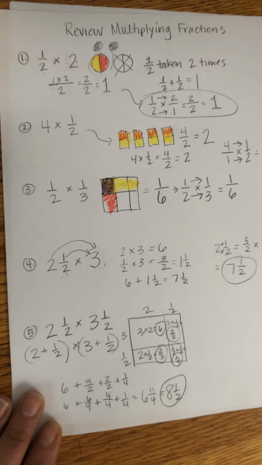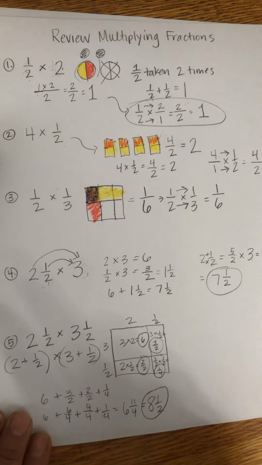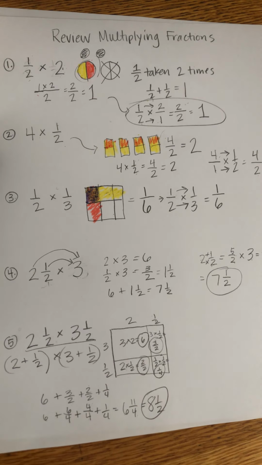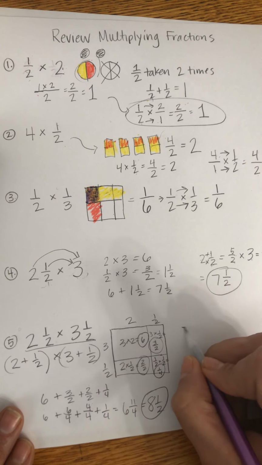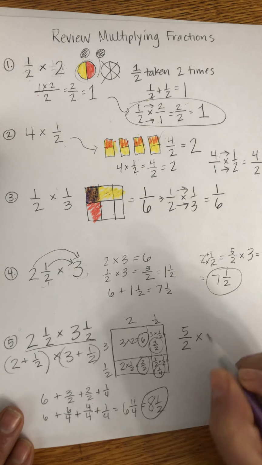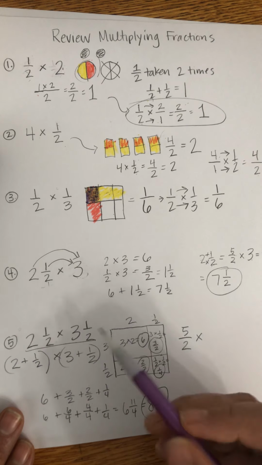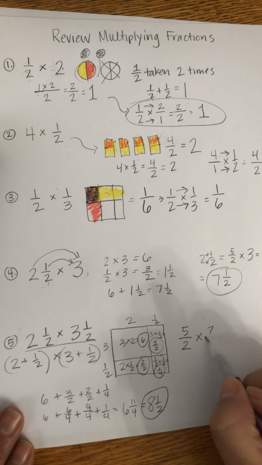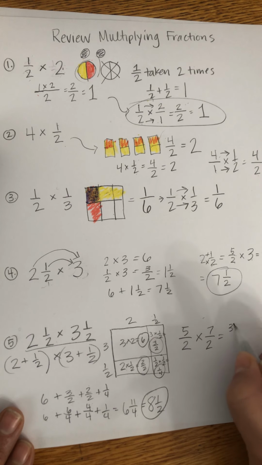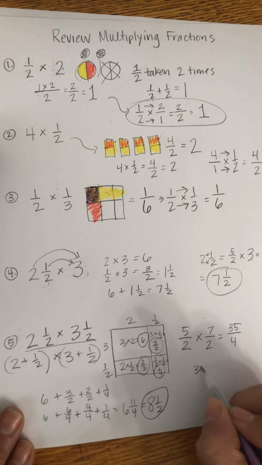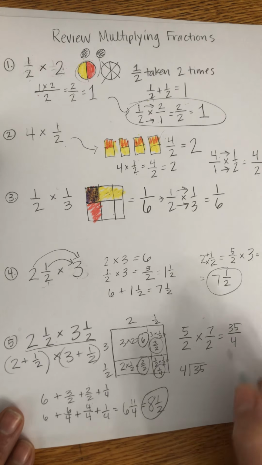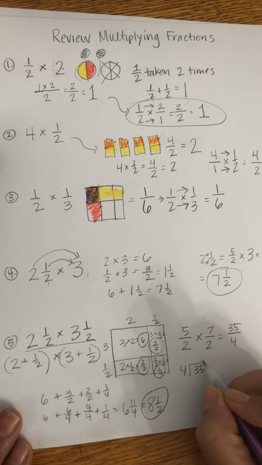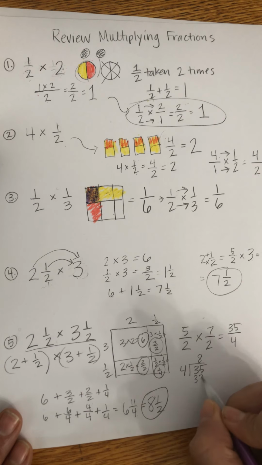Now that is pretty complicated. So a simplified version of doing that is flipping these into improper fractions, then multiplying across. So 2 1/2 flipped into an improper fraction is 5/2, and 3 1/2 flipped into an improper fraction is 7/2. Then I can just multiply straight across, and this is 35/4, and then do my division to find the mixed number. 4 can go into 35 8 times, which is 32.